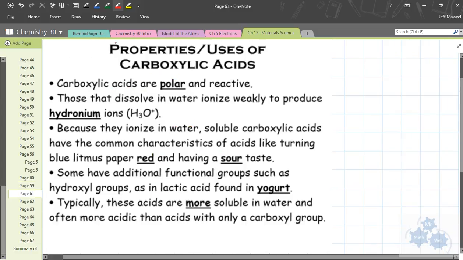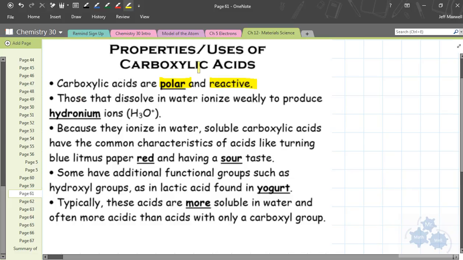Let's take a look at properties of carboxylic acids. They are polar as well. A lot of these functional groups are polar molecules, polar and reactive. It's fairly common. Those that dissolve in water ionize weakly to produce hydronium ions.